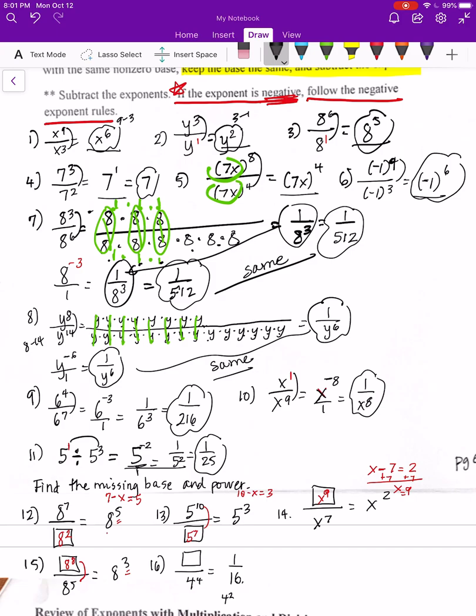How could I get a 1/16? Could I make this 4 to the negative 2? If I put a 1 under it and I flipped it, that'd give me 4 squared, and that would be 1 over 16. Isn't that what I need? So when I keep the base the same, we know it's going to be a 4, and I subtract these two exponents, I have to get a negative 2.